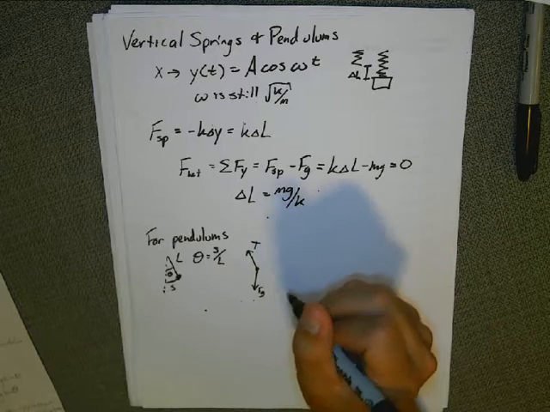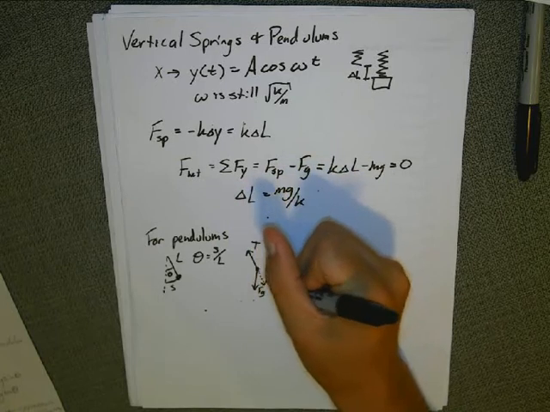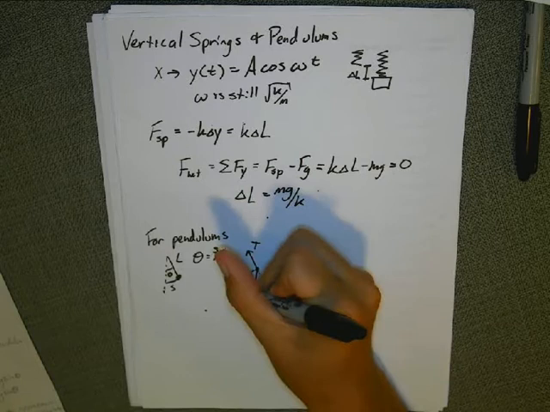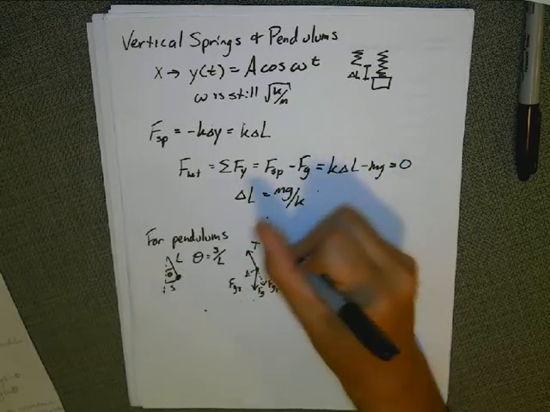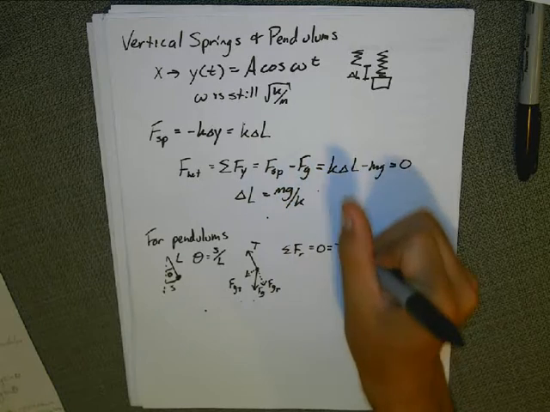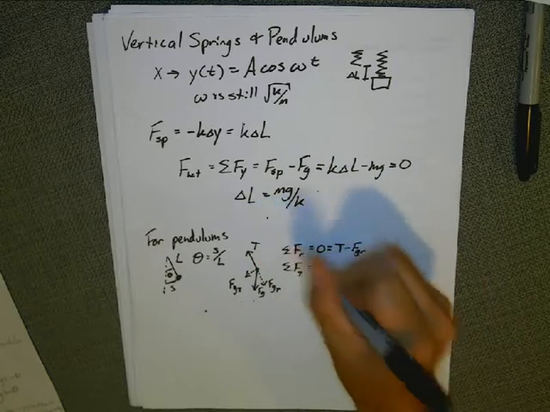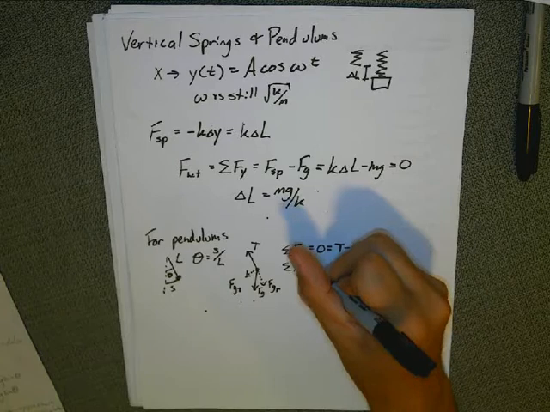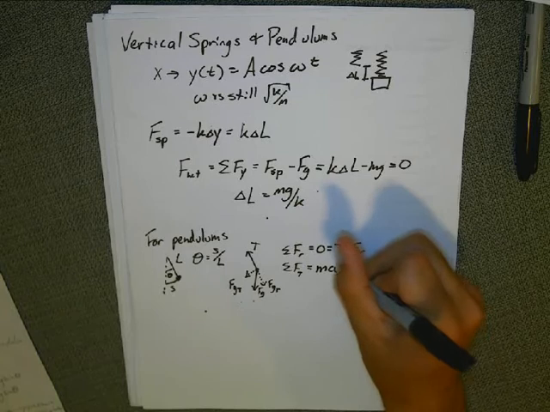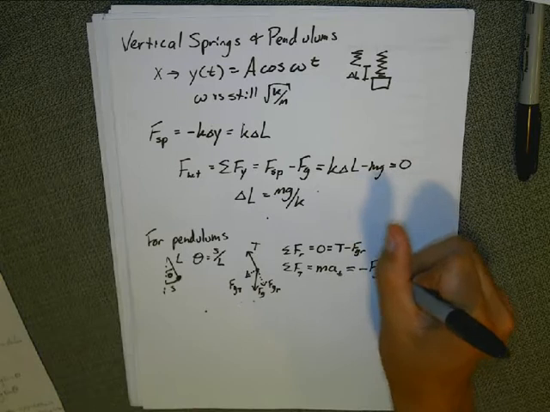We'll make it a little bit more clear. So if I do that, I have Fg radial, and I have Fg tangential. So the sum of the forces in the radial direction are equal to 0, so that's tension minus Fg radial. And the sum of the forces in the tangential direction is equal to the acceleration in the tangential direction times mass, and that is equal to the negative force due to gravity in the tangential direction.